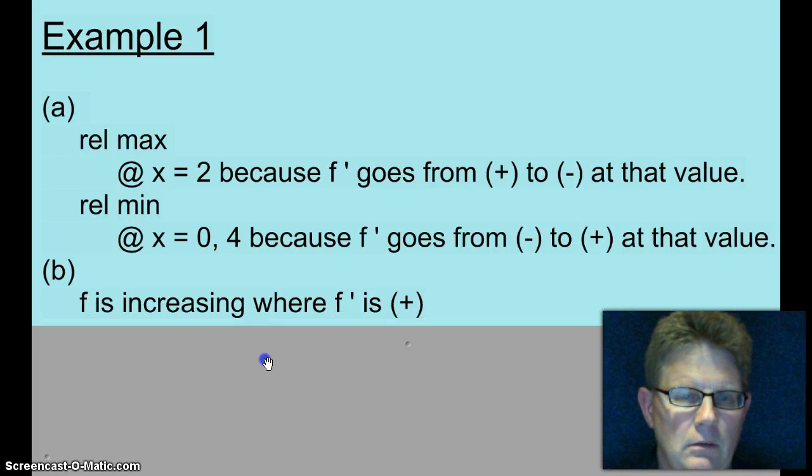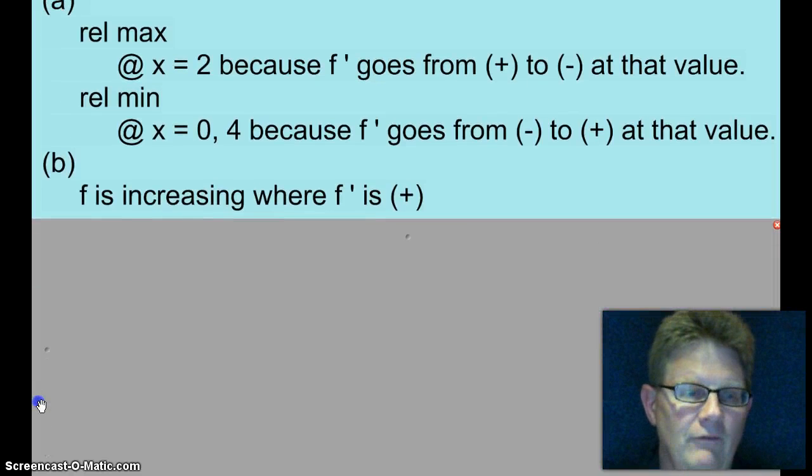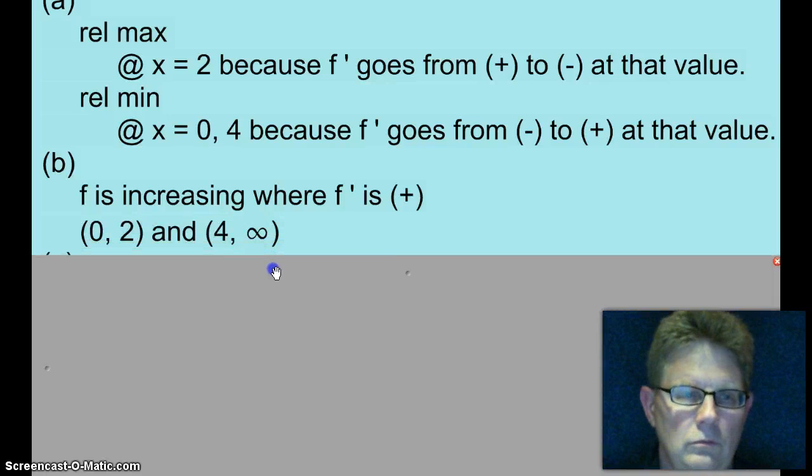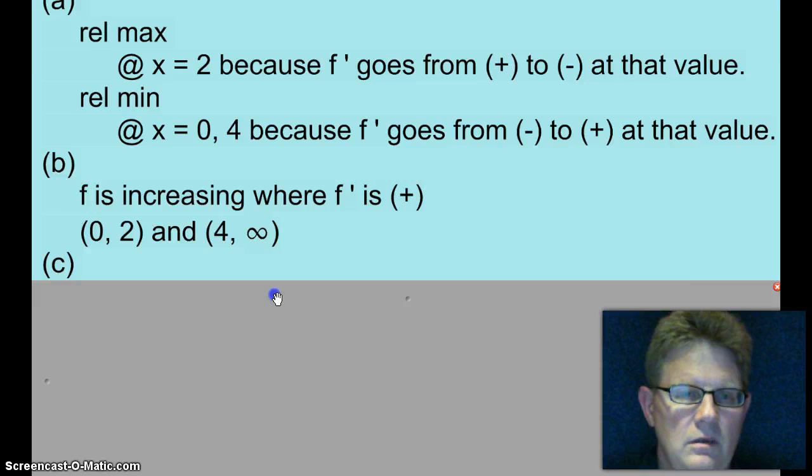B. F is increasing, the original function is increasing wherever F prime is positive. So F is increasing on 0 to 2 and 4 to infinity. C. Where are there points of inflection?